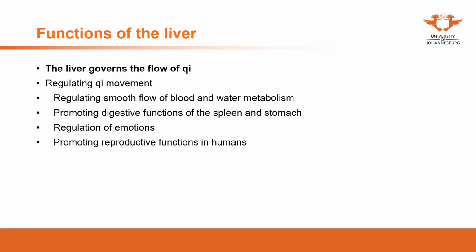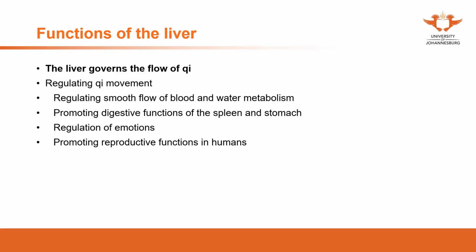The movement of qi may affect the movement of the blood, the body fluids, the qi movement of the spleen, the excretion of bile, and emotions, as all these movements rely on the qi movement.